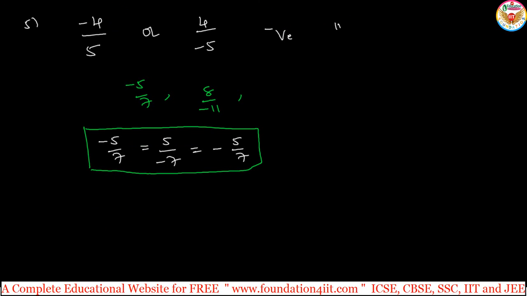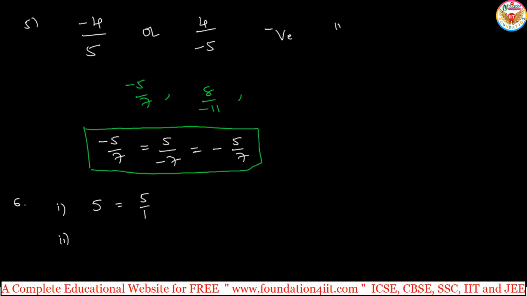And let us see one more last property. Every positive integer, that means every natural number, is also a positive rational number. For example, just take the number 5. 5 by 1 is a positive rational number. So every positive integer is a positive rational number. And every negative integer is a negative rational number, obviously.